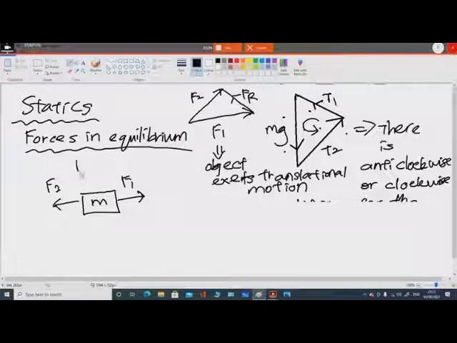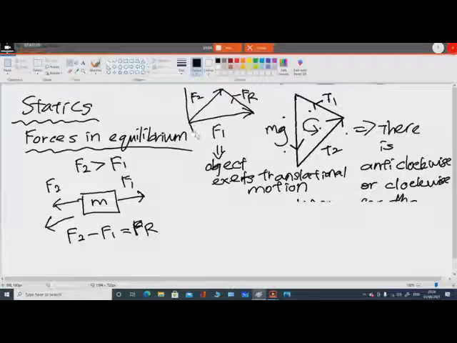If F2 is more than F1, then F2 minus F1 will give us the resultant force. This means that this object is about to move backwards. This will give us the resultant force, and this will be our vector diagram. So this means that the forces are not in equilibrium. This is how we determine whether the forces are in equilibrium or not.